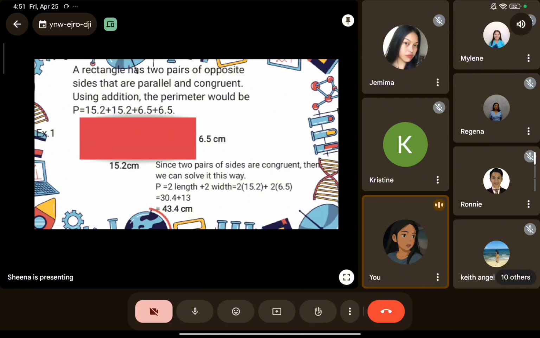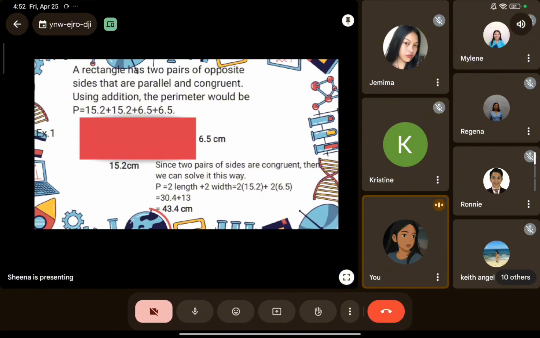So since two pairs of sides are congruent, we can solve it this way. Our formula is perimeter is equals to 2 length plus 2 width, or P is equals to 2L plus 2W, equals, the length is 15.2. So 2 times 15.2 plus 2 times 6.5. First we multiply 2 times 15.2.